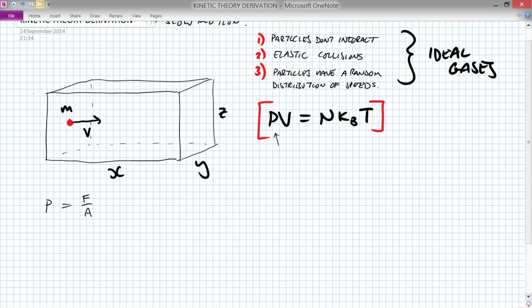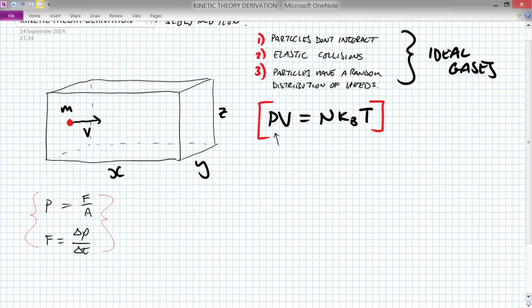And we know also that force is equal to the rate of change of momentum in a given time. So before we get started, that's the thing we want to be thinking of. We want to attack it through these 2 equations.